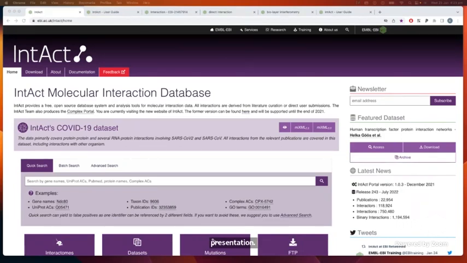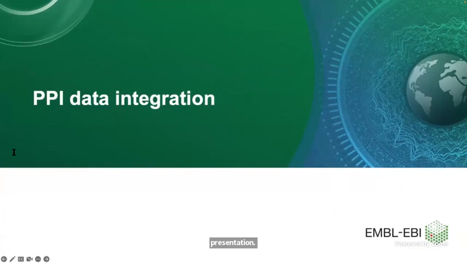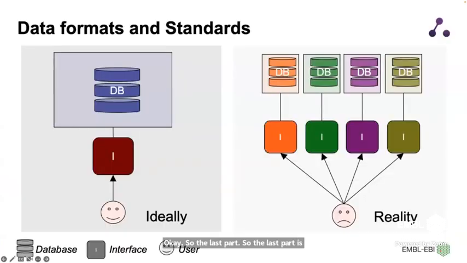Okay, so the last part is PPI data integration. There are a lot of interaction databases, and earlier many of them followed different data formats and standards, which makes it very difficult for the user to query.